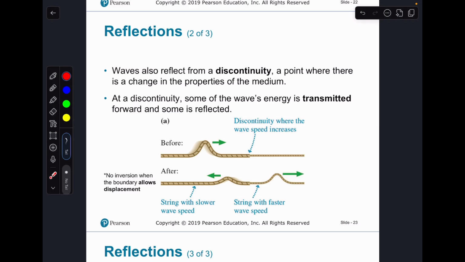The reflection this time is not going to invert the wave pulse. This is because the boundary allows displacement. This is not a solid object. This is just a thinner string, which is much easier to shake. So some of that original wave is going to keep going through, and some of it is going to get reflected, and you can see that the amplitude is going to get split.